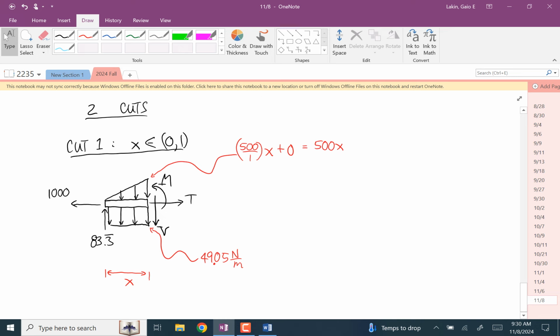Okay, but before we can do the calculations, we have to represent those distributed loads as point forces. We can do it now that we've chosen the body that we're isolating. So here's the triangle. It has a length of x and a height of 500x.